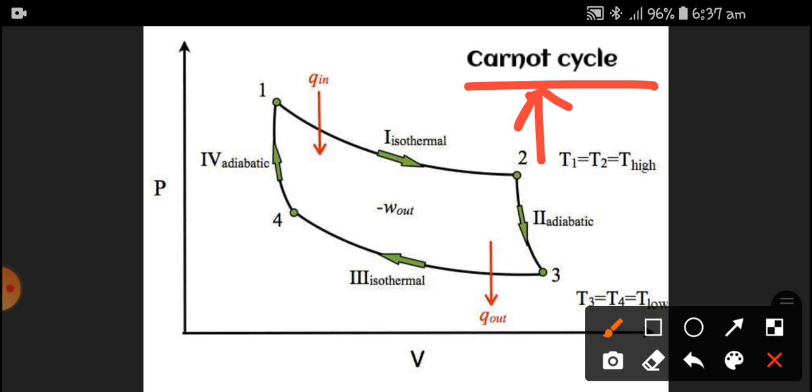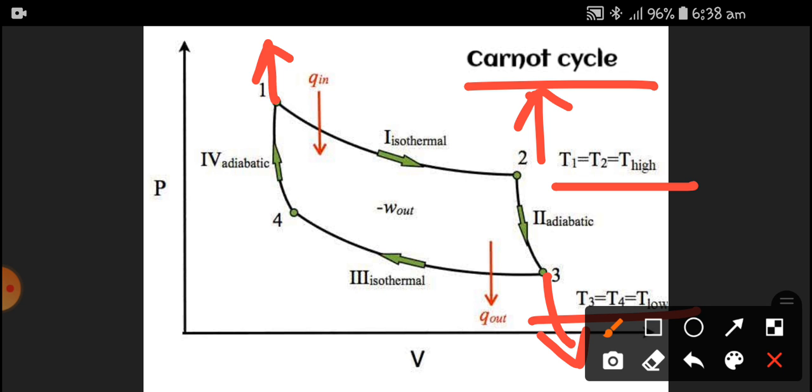How can we maximize the efficiency? The effective method of increasing the efficiency is to reduce the lower temperature, or the sink temperature. This Carnot cycle does not depend on the gas, it depends on the temperatures alone. If we increase the peak temperature, we get more efficiency, or if we decrease the lower temperature, we get more efficiency.